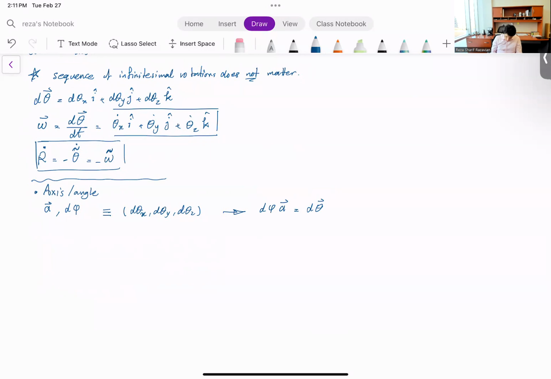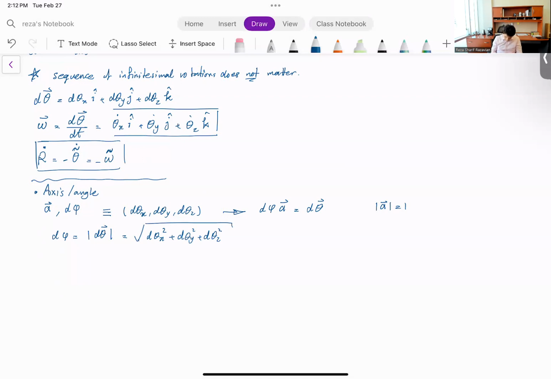And from here, you can very easily see that because a is a unit vector, the norm of a is 1, so d phi is actually the norm of d theta, which equals the square root of d theta x squared plus d theta y squared plus d theta z squared.